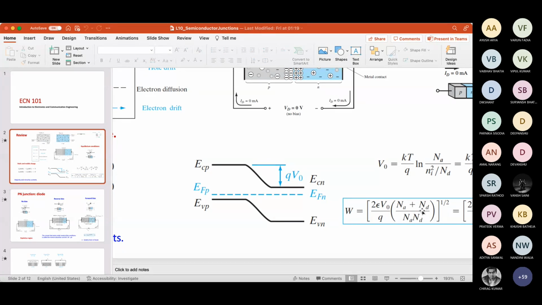Once we calculate the Fermi level across the device, if we see any change in the Fermi level, that tells us about the difference in potential energy, and that will translate into a potential drop or voltage drop across the device.